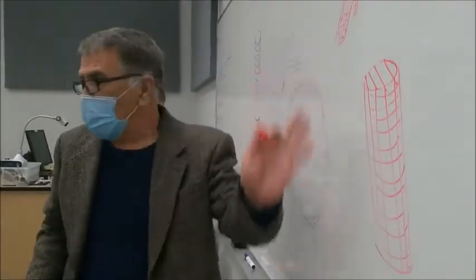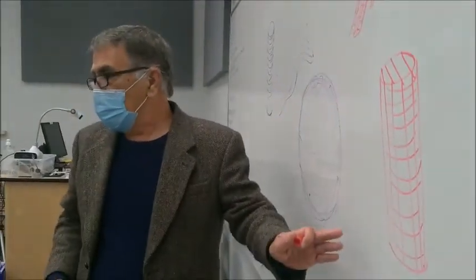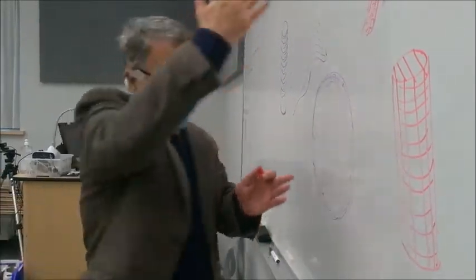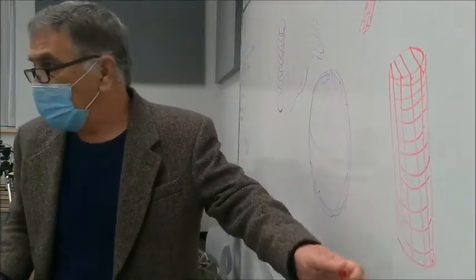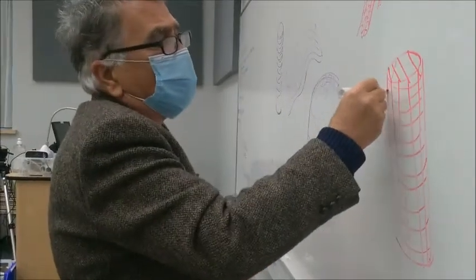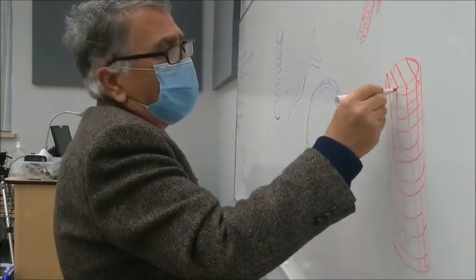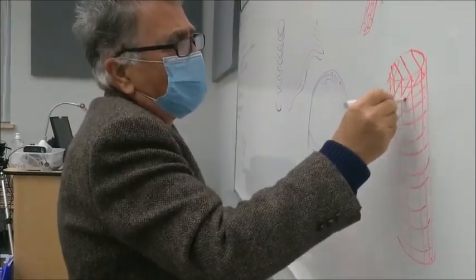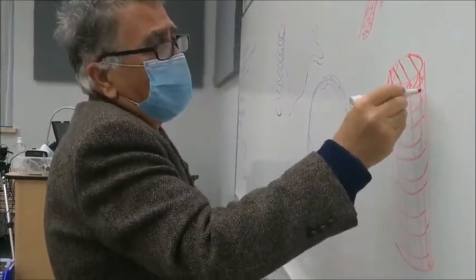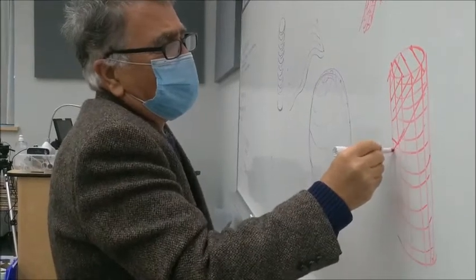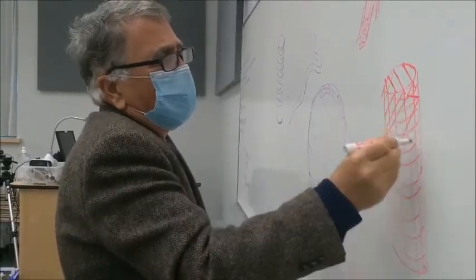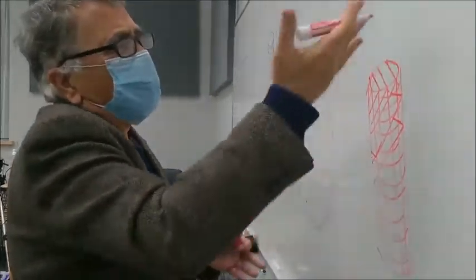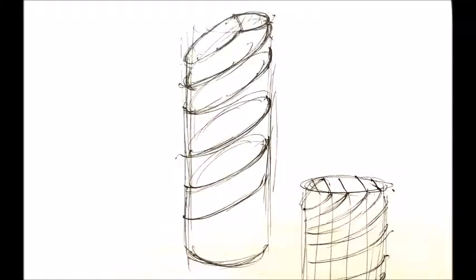Because if you do a cross section, you create that line, right? Are you with me? You could also go this way, this way, this way. These are all cross sections.